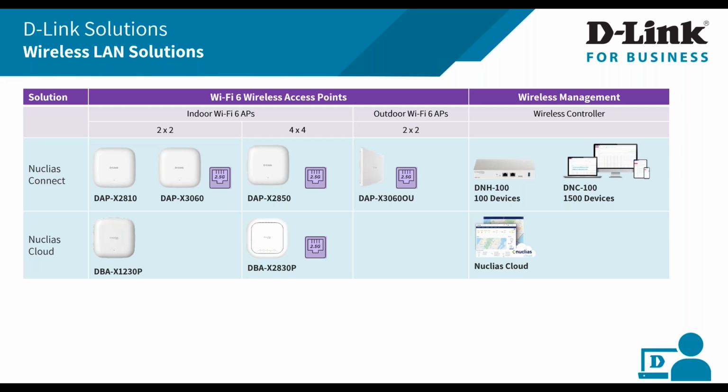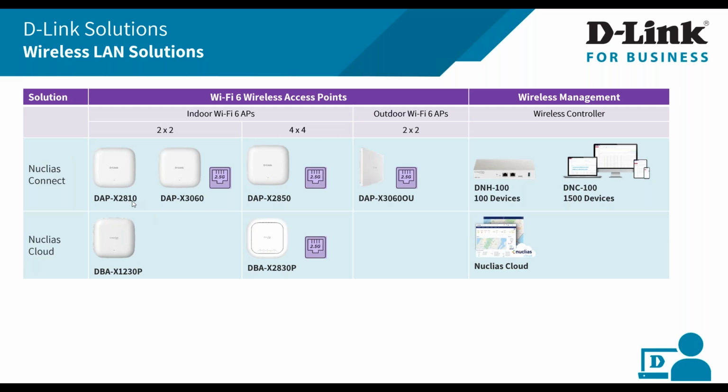Our Nucleus Connect solution is a very popular and widely deployed solution. Nucleus Connect basically offers access points for all the different use cases within the building or within the campuses, or the large campus coverage requirements. So DAP X2810, the 2x2 model, is an indoor access point for general purpose coverage.